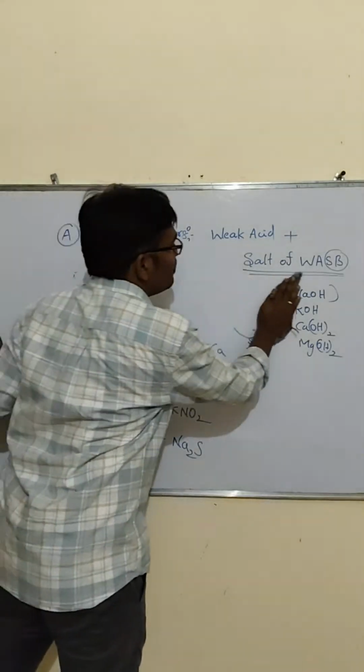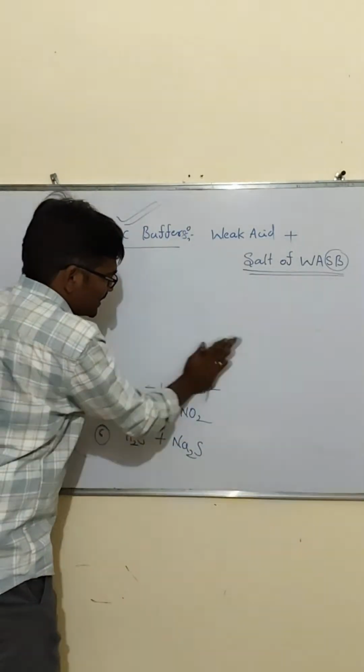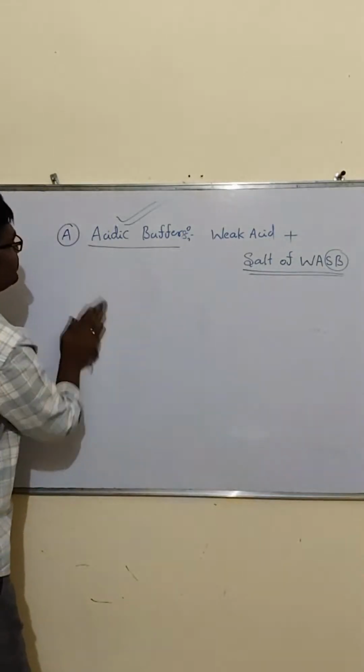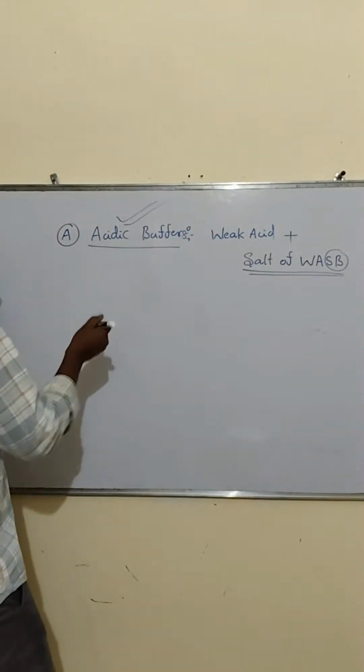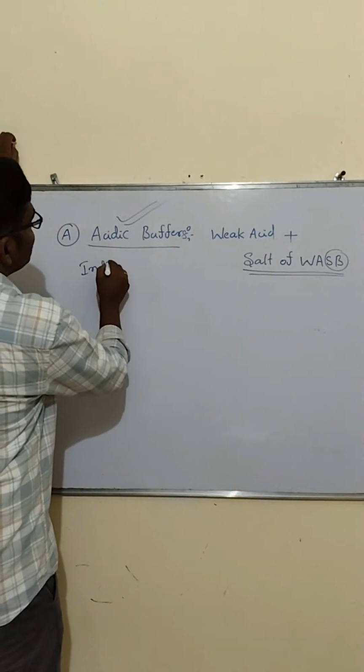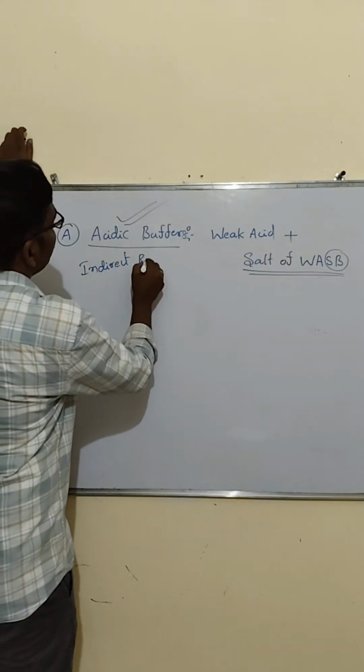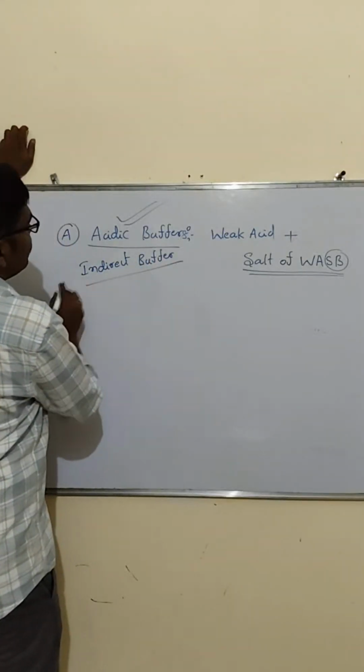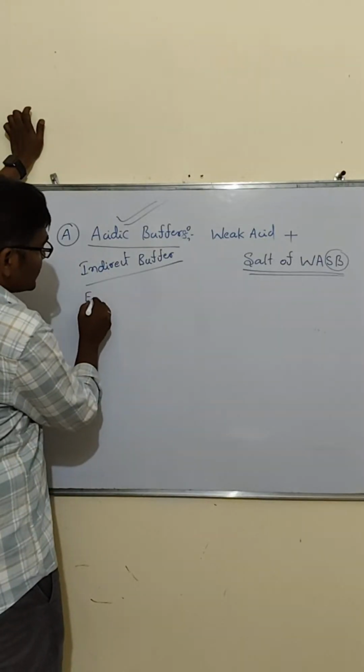So an indirect buffer is nothing but, for example, one of the examples I am taking for you. Look at this example and I will explain.